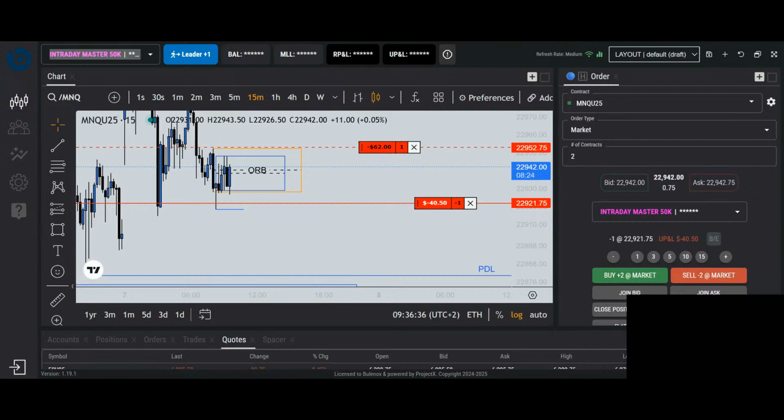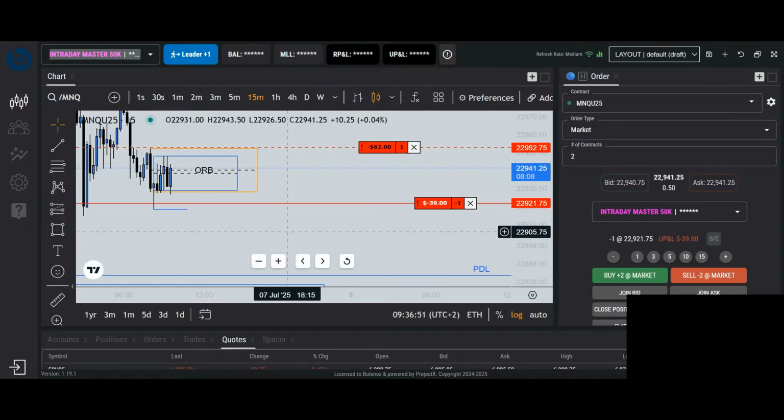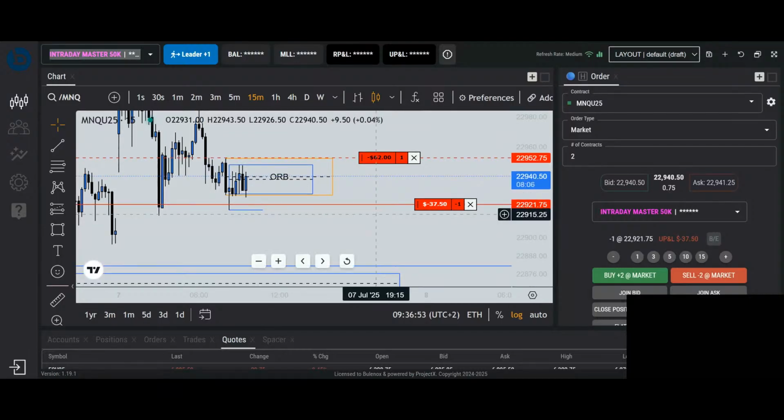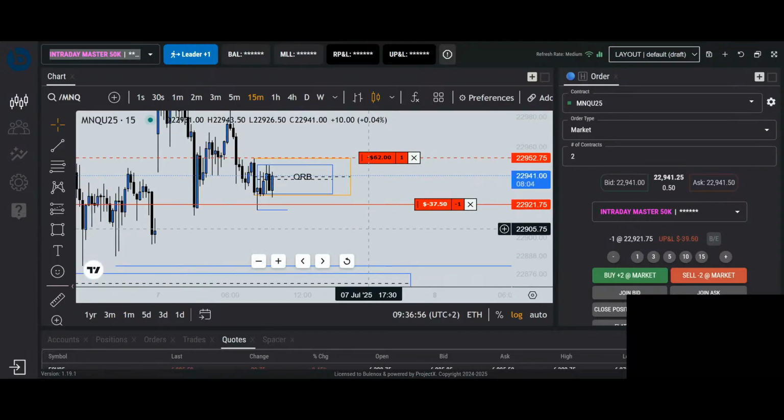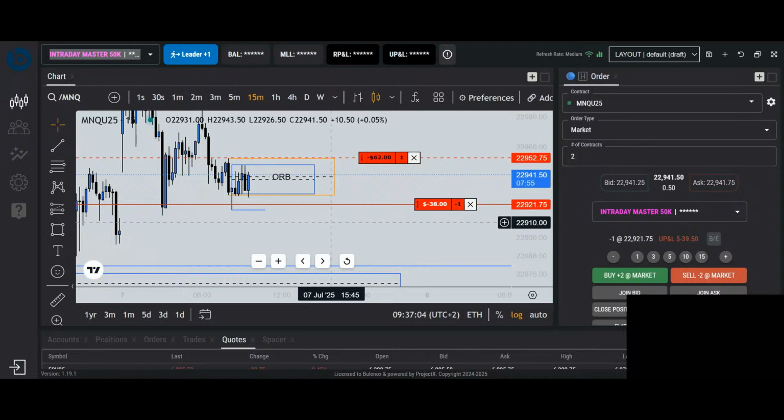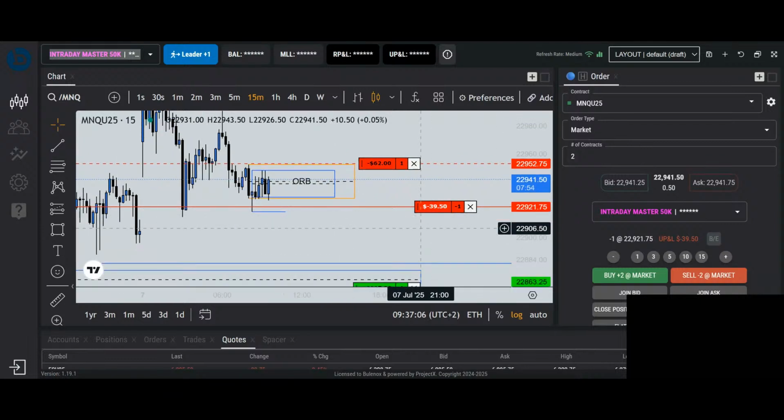So the reason why I took this trade is actually because I trade this. I'm very mechanical in my trading, actually. I do take ILMs if I get the opportunity, but I prefer to trade this ORB or pre-ORB. It makes me at least 10 hours or more every month.